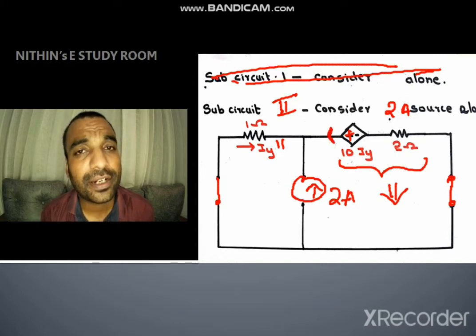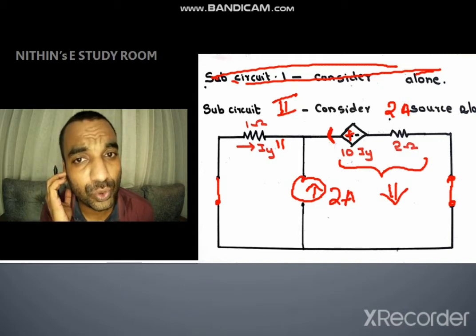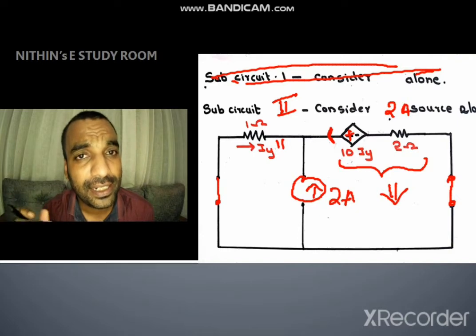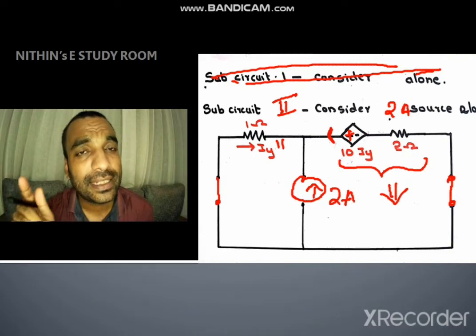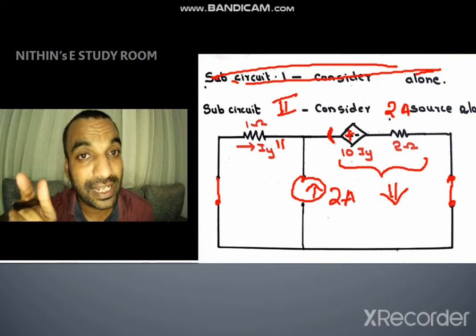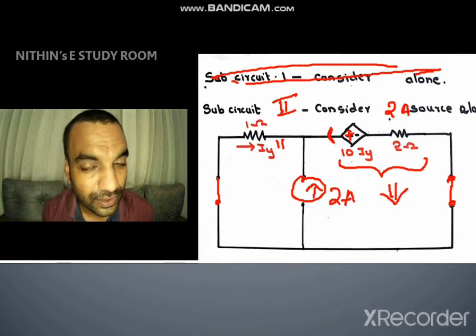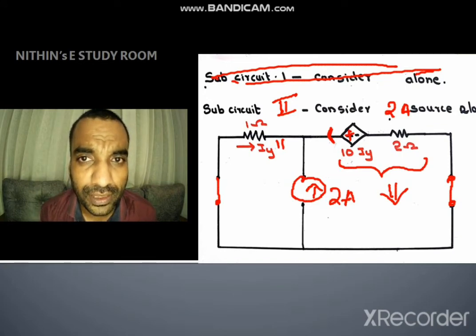If you are replacing it with a current source, then also you have to take a direction of current that supports the present direction of current marked with the existing voltage source. We can see how we will mark it. Now we can move to the next slide.